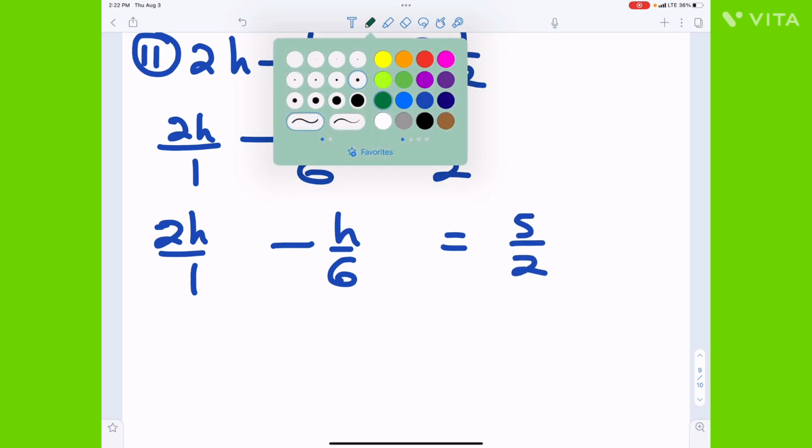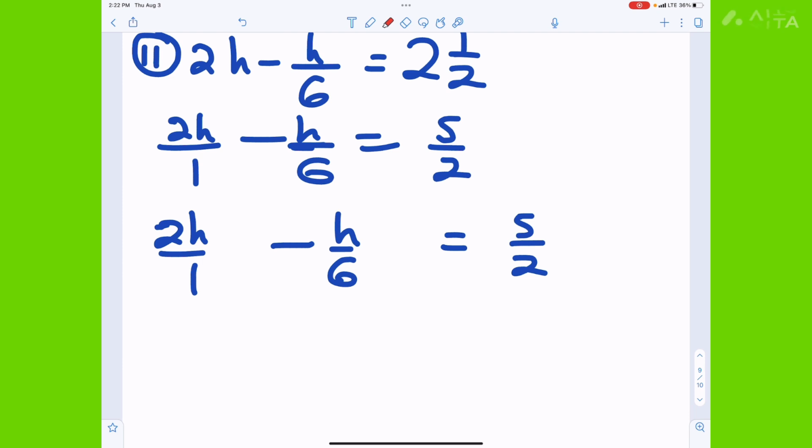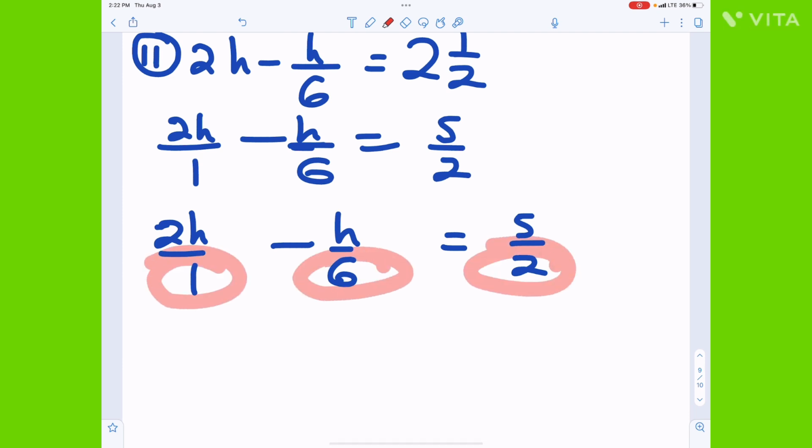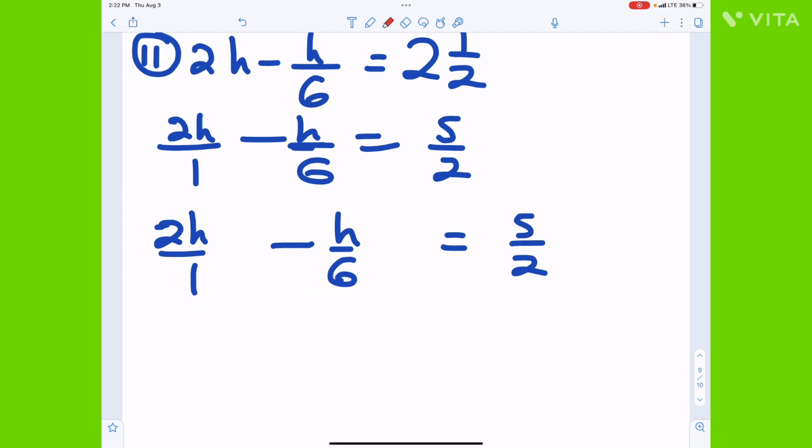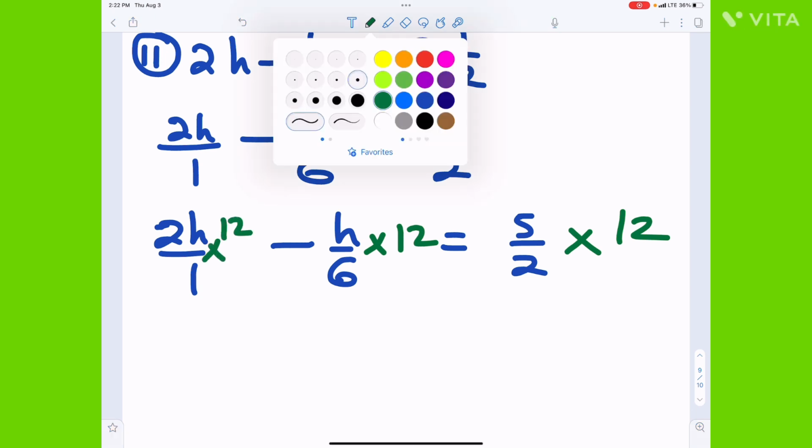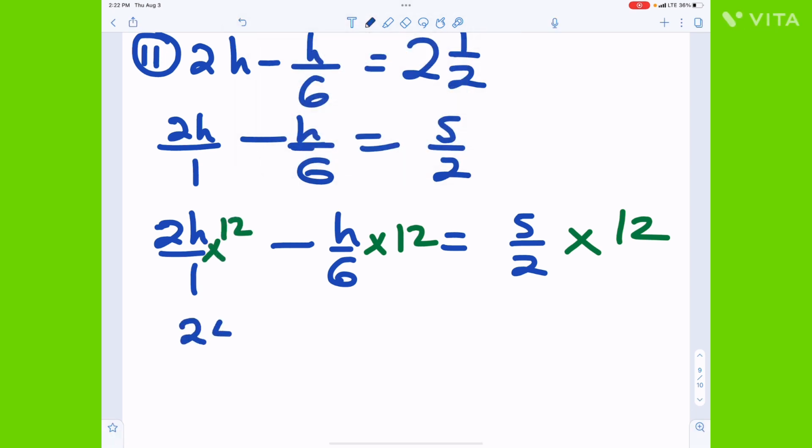The denominators are what? The denominators are 1, 6, and 2. The LCM of 1, 6, and 2 is what? 12. So I multiply each term by 12. So here, what do I get? 2h times 12, 24h. 6 in 12, 2. So 2 times h gives me what? 2 times minus h, minus 2h.